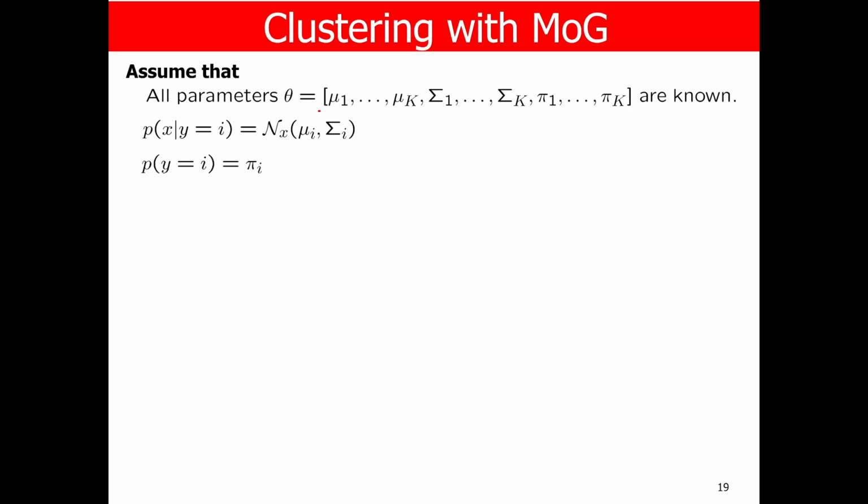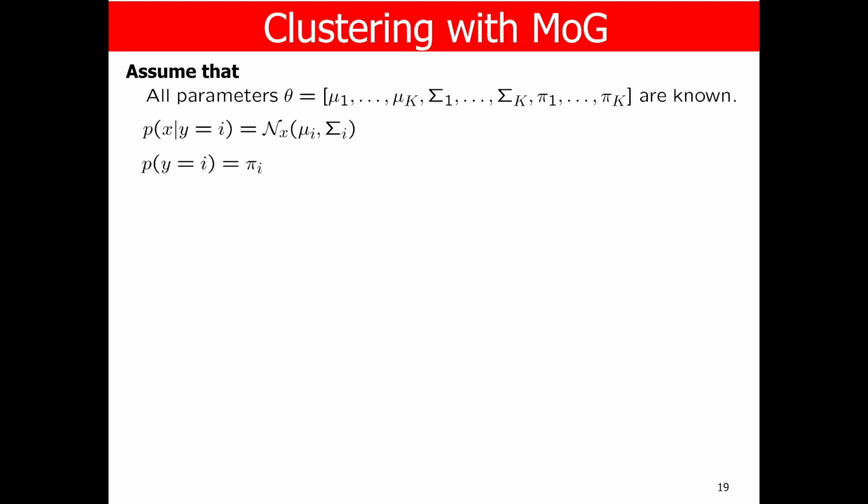These parameters include the mu1, mu2, and so on mu k cluster centers, the sigma1, sigma2, and so on sigma k covariance matrices, and the pi1, pi2, and so on pi k cluster proportions. We know that p(x | y = i) is a Gaussian density with mean mu i and covariance sigma i.